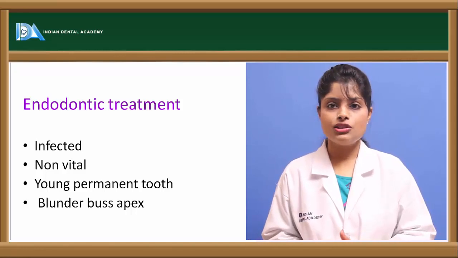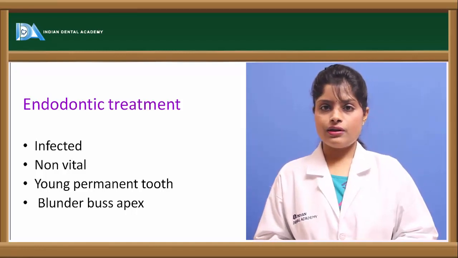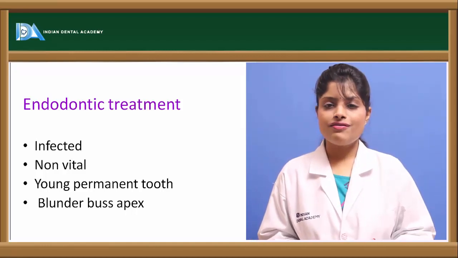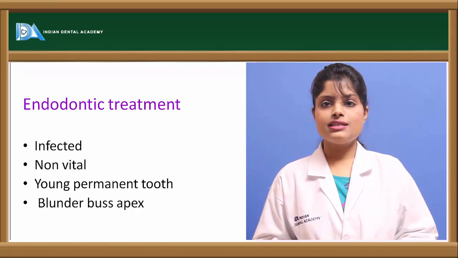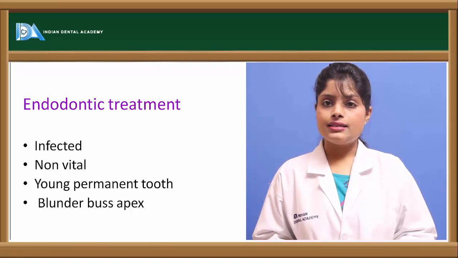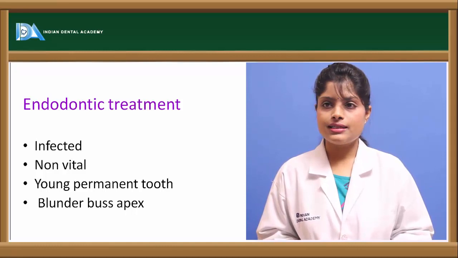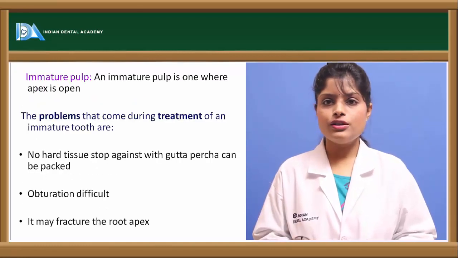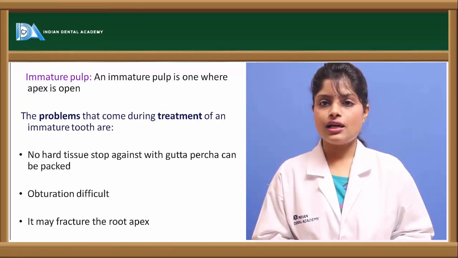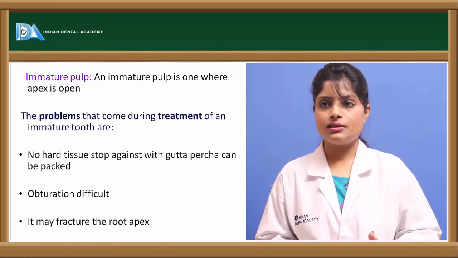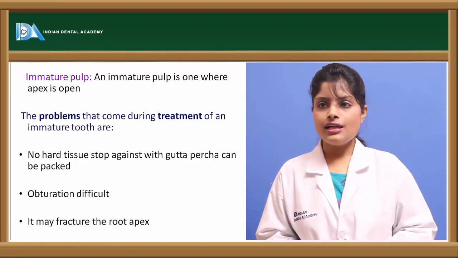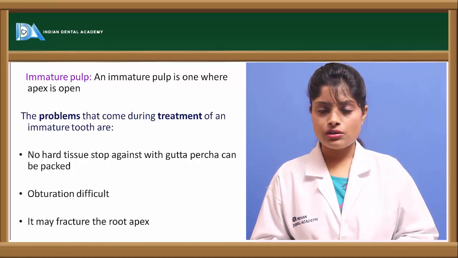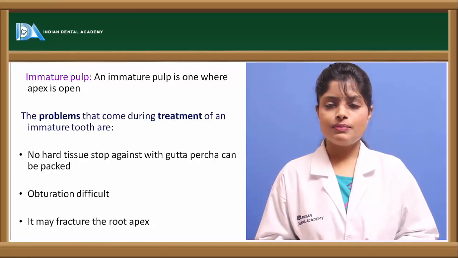If the tooth is traumatized or infected during the process of its development, then in such teeth endodontic treatment is necessary. So what type of endodontic treatment is undertaken in such infected or traumatized teeth? In such teeth, there are certain difficulties which can be encountered during the endodontic treatment.